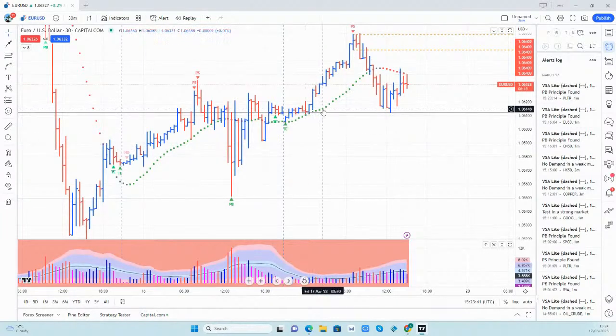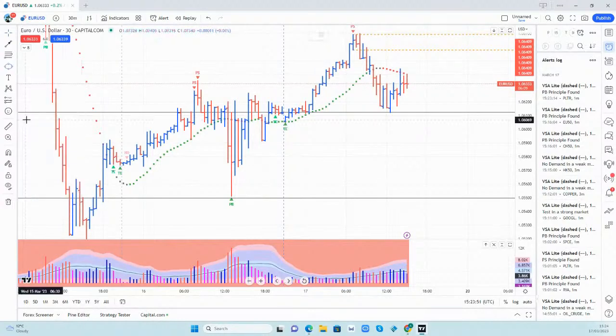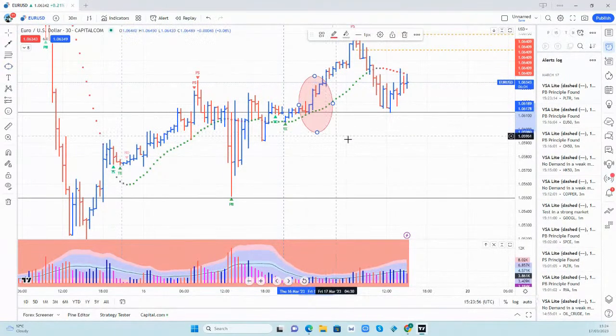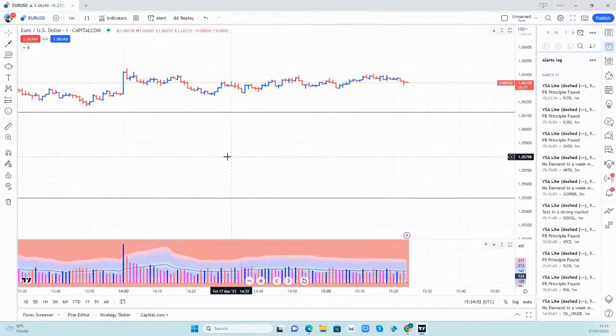We got this area of interest where I want to enter the trade because I've cleared the upper trigger line. So this is the area of interest for me. So what I will do on my 30 minutes chart, I will go and have a look at the 1 minute chart.